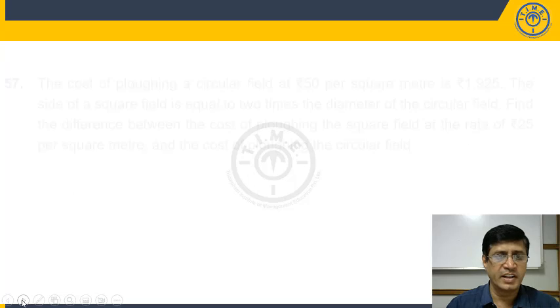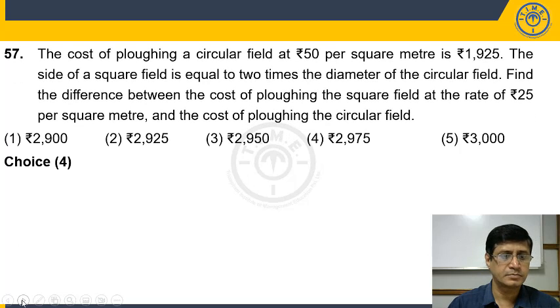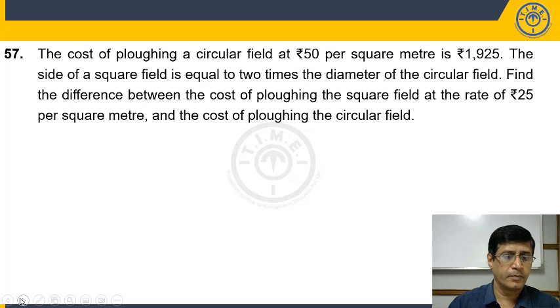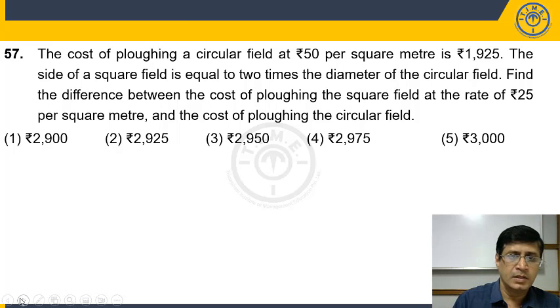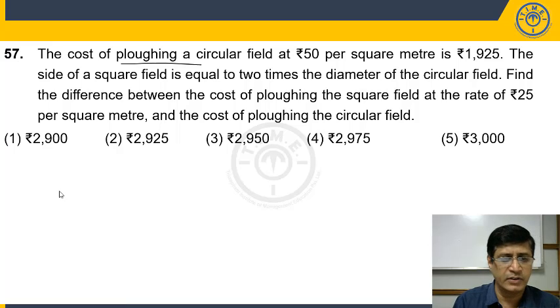Okay. Now look at the question on your screen. The cost of plowing a circular field at 50 per square meter is rupees 1925. Now plowing a circular field. So plowing means now here area we need to consider. Now what is the area of a circular field? Pi r square.